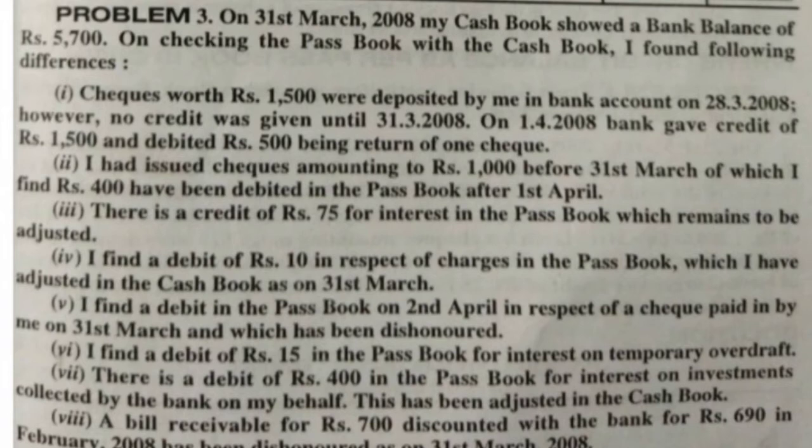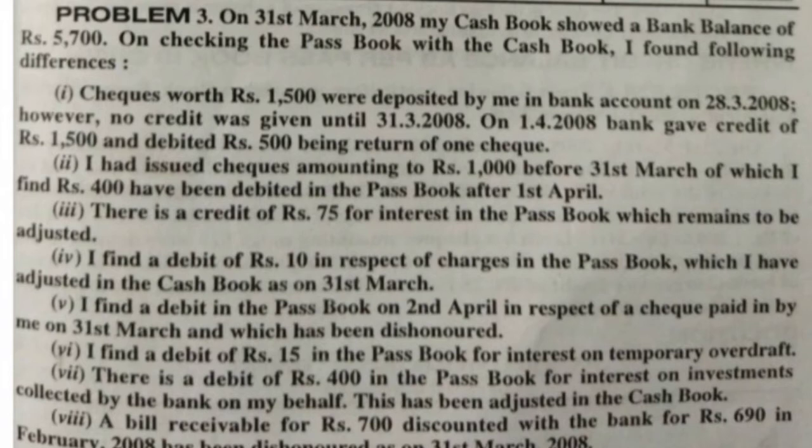Okay. So the next one. I find a debit of rupees 15 in the passbook for interest on temporary overdraft. An overdraft balance in the passbook means the customer has withdrawn an excess amount from the bank, so he needs to pay interest.